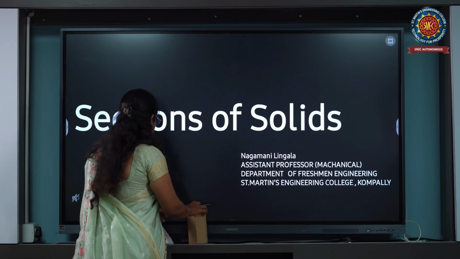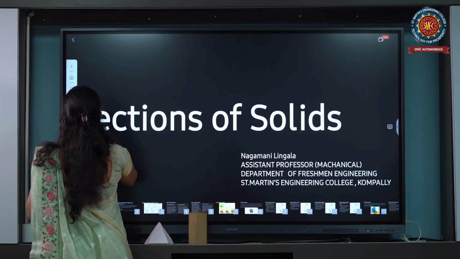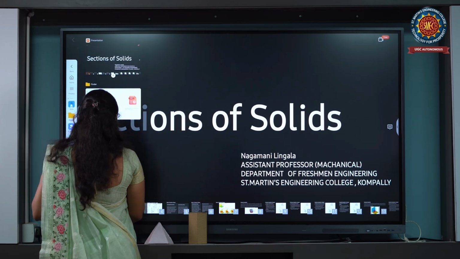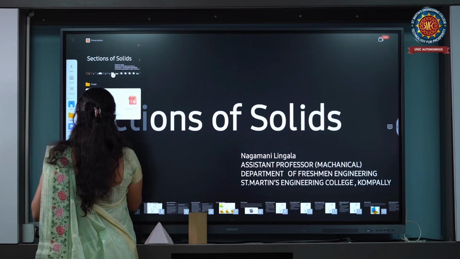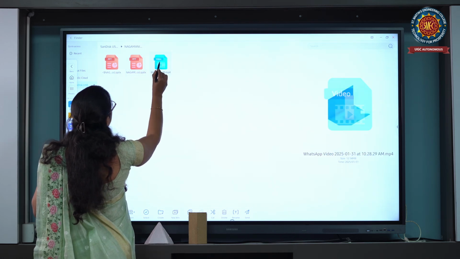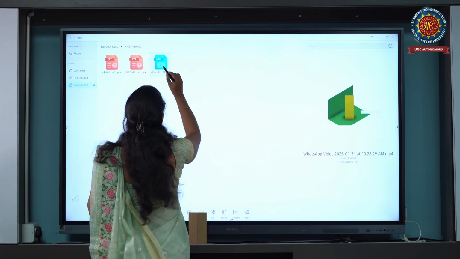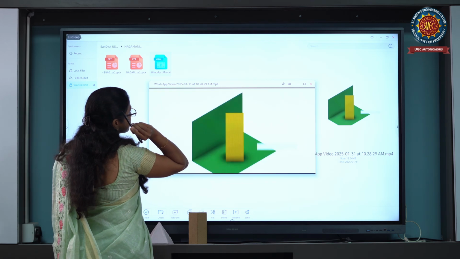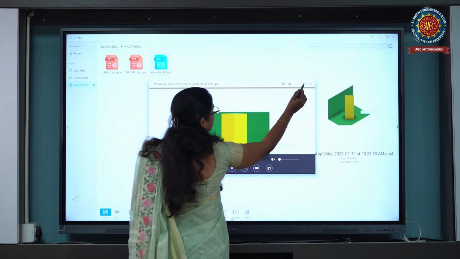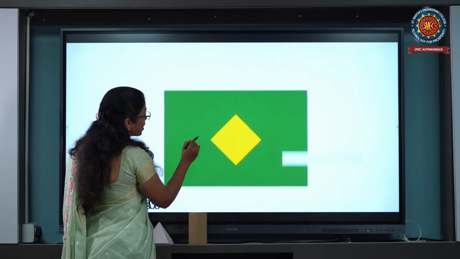So here we need to explain that we are using a section plane.